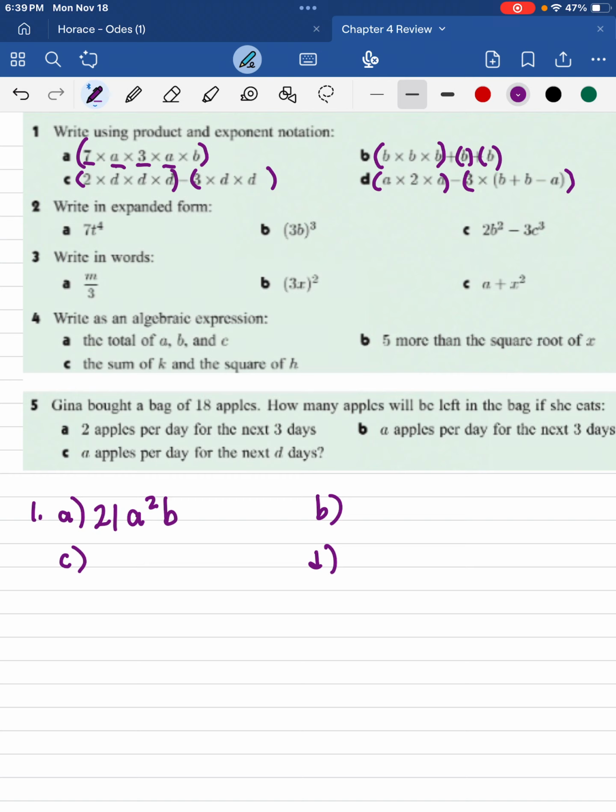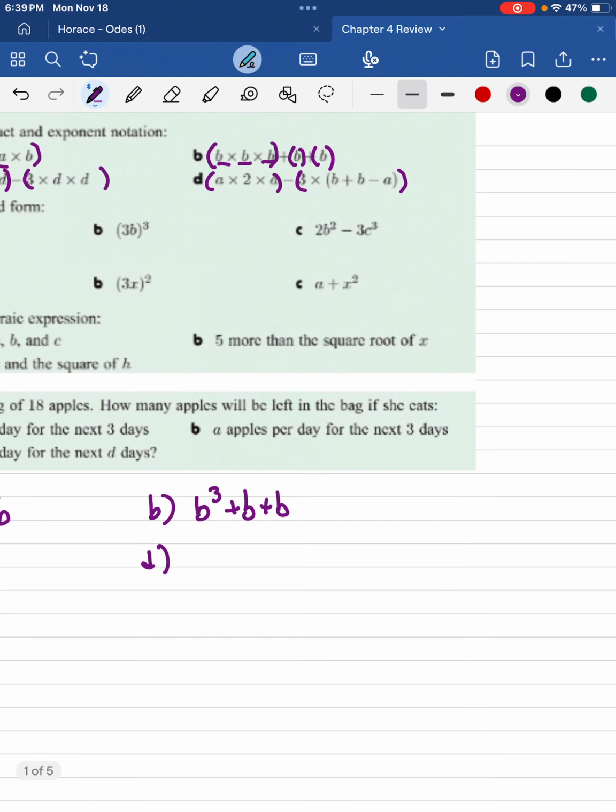Okay, for problem number 2, there's 3 b's together like that. So b cubed, and then there's b plus b, but I can rewrite that as, because there's repeated addition, 2b. So b cubed plus 2b.